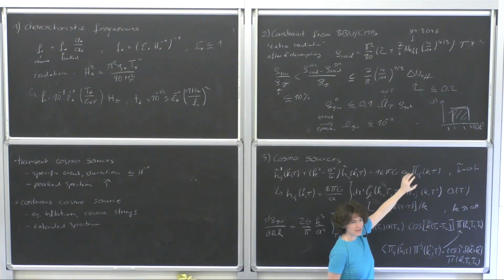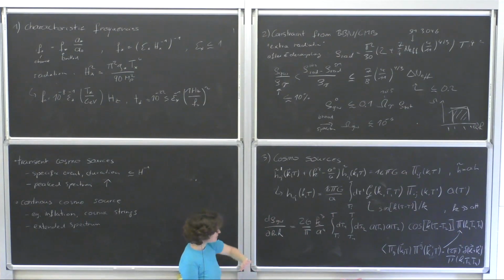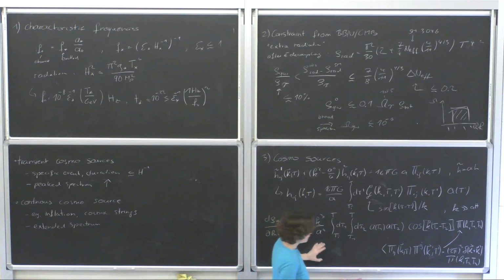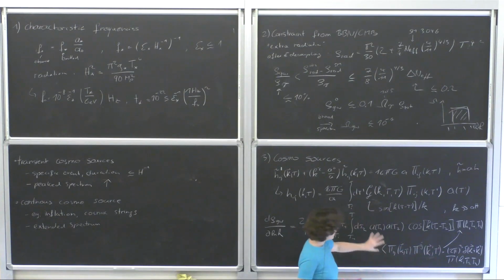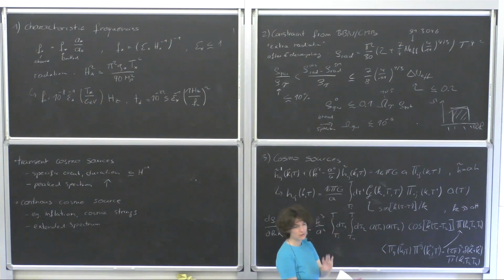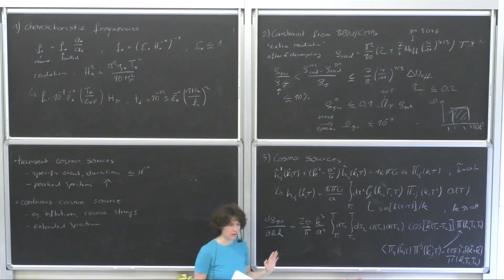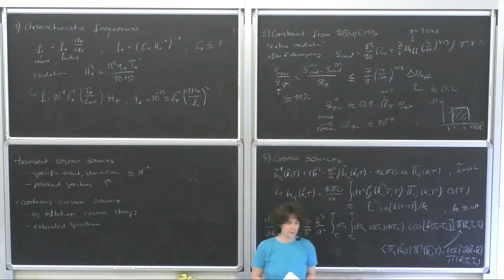You have 0 here, but instead you have an initial condition, right? So let's not apply this to inflation. But if I want to apply this to cosmic strings, I will get here something that parameterizes my initial source. And then on top of that, it will also depend on my entire cosmic evolution. And that's very similar to what we saw during inflation, right? It depended on the primordial power spectrum, and it depended on the cosmological evolution because there were some scale factors showing up.